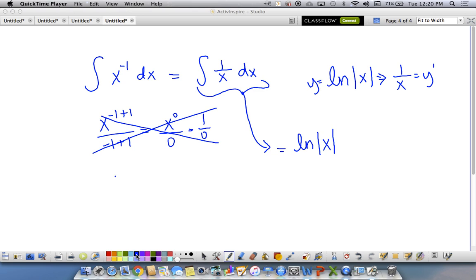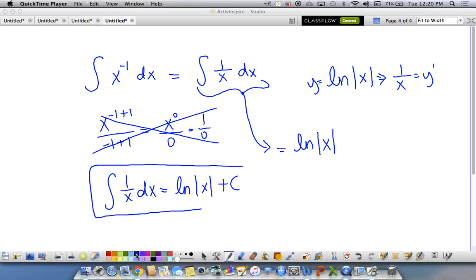Let's put this in a box. Integral of 1 over x dx is equal to natural log absolute value of x plus c. That is an important fact to remember, okay? Because the derivative of natural log x is 1 over x, okay? So going backwards, that would be our rule, okay?